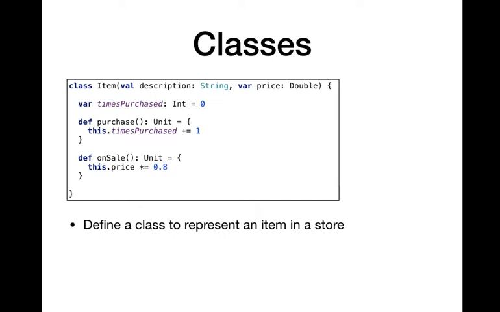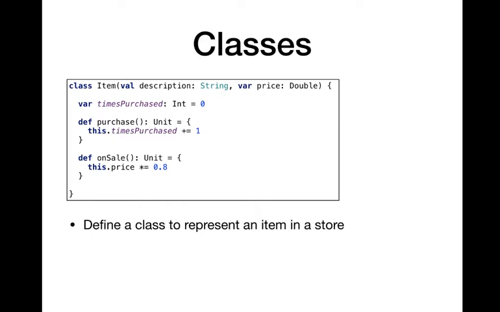So here's an example of a class. It's going to represent an item in a store. I just want to track a few things. The description of this item, which won't change, so I'm going to store that as a val. The price of this item, which might change, so I'm going to store that as a var. The number of times this was purchased, which I'll talk about why that's somewhere else and why those other variables are up in the top line there.